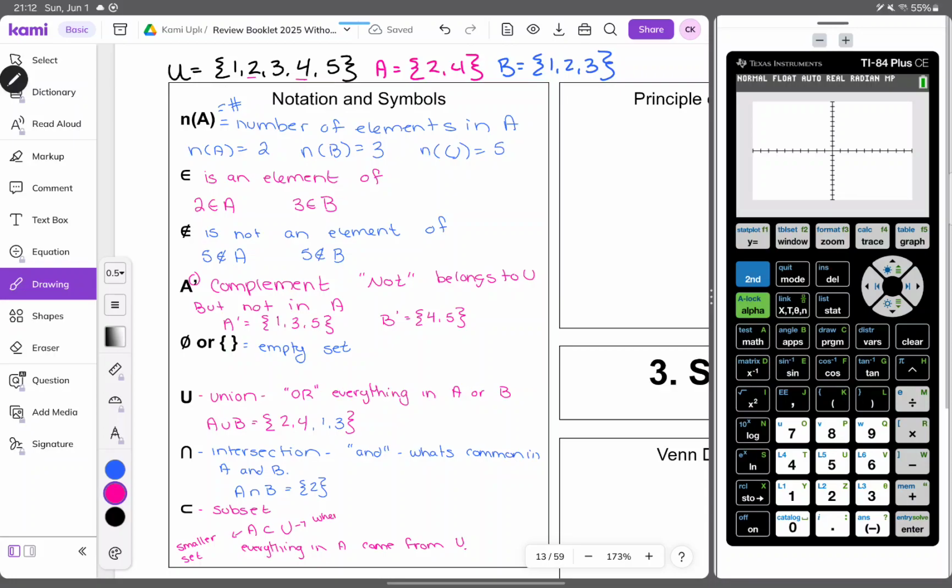And this is where we got our elements. All right. So remember, some of these symbols are on your formula sheet, some of them aren't. So you just need to be able to make note of which are which and how you're going to be able to find them or understand them later on.